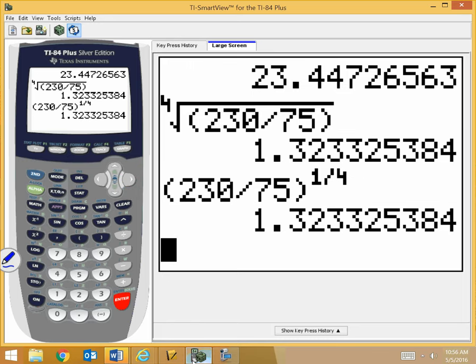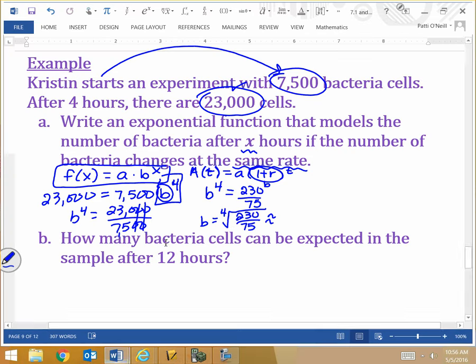So if I go back to my notes, b turns out to be about 1.233. That means that my generic formula can read, maybe we'll call it A of x so that we have the A in there for amount. A of x equals the 7,500, our initial amount.